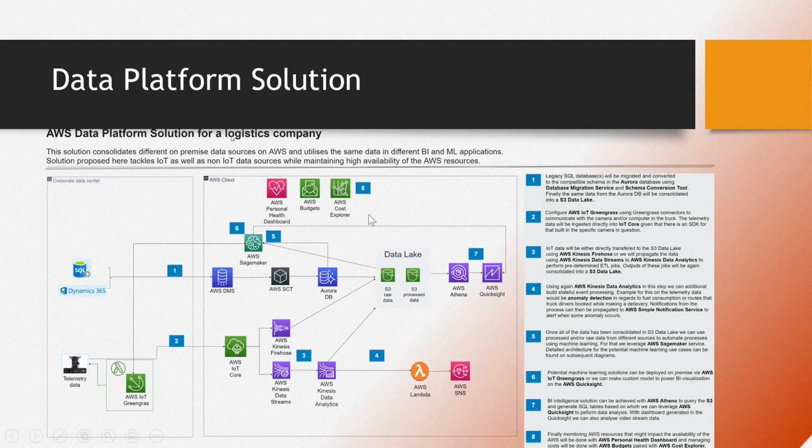And Cost Explorer gives a granular look at the data on a monthly, daily, weekly basis, and then also lets us make projections and extrapolate how this is going to behave in the future. So this concludes the broad overview of the data platform solution.